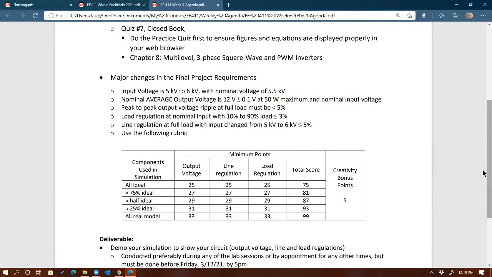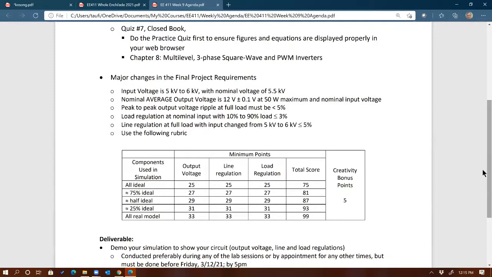Okay. I think the main objective of this final project, when I first planned it, was to see how you can apply what you've learned in the previous classes as well as in the previous EE411 to come up with hopefully some creative solution to be able to convert from high voltage to low voltage, right?